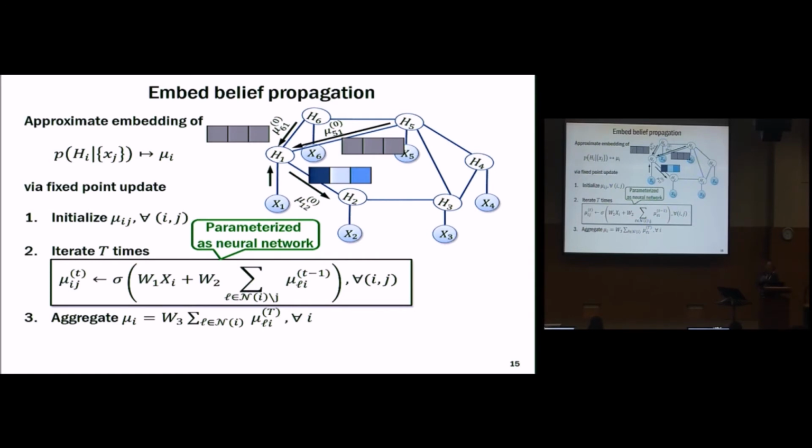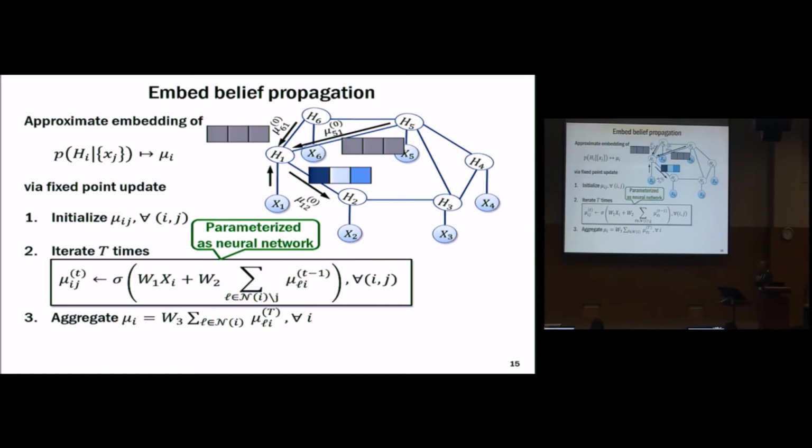In this case, you initialize each edge with a zero embedding. Then when you try to produce the embedding from a particular node i to j, in this example H1 to H2, you take the neighbor embeddings from all other nodes except this destination node H2, and do aggregation. The difference in this particular case is in the update operation: you are aggregating all these incoming messages from the neighbors except the destination j.